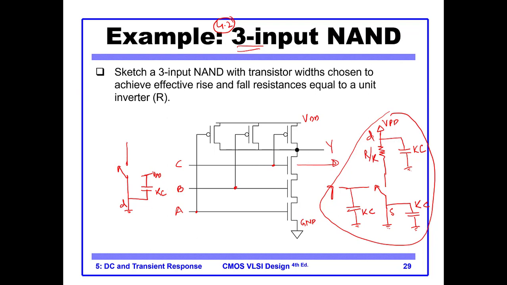This is the drain capacitor, it is equal to KC, and then with the source we have a resistance. This is our source. The resistance is 2 times R by K, because this is a PMOS, and I told you that the PMOS has a larger size compared to the NMOS to support the same amount of current. So in order for the same amount of current to flow, the size has to double.